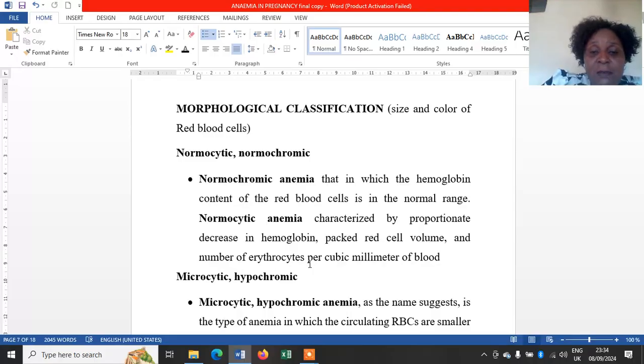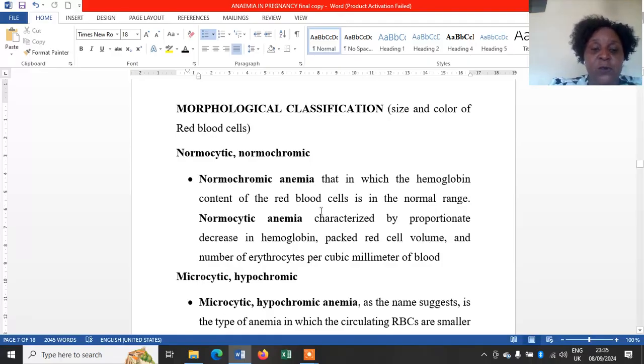Normocytic anemia means the hemoglobin content of the cell is in the normal range. Normocytic, characterized by inappropriate decrease in hemoglobin, packed red blood cell volume, and the number of erythrocytes per cubic millimeters.